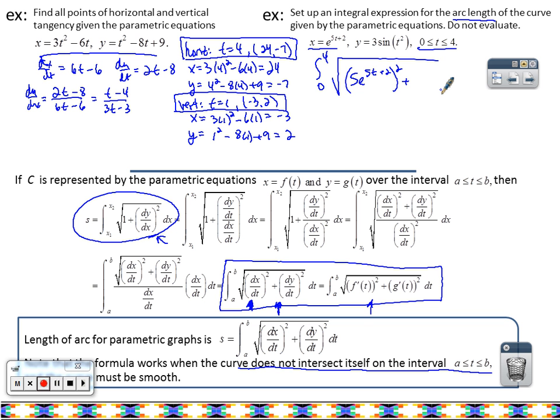And then we're going to do the dy/dt. It's another chain. The derivative of sine is cosine, but we have to chain it.